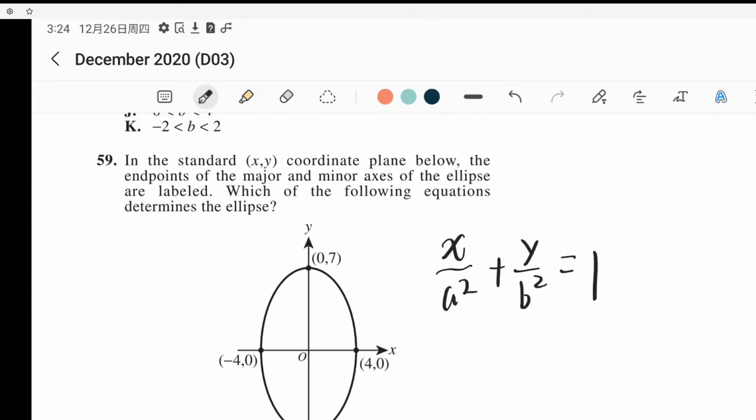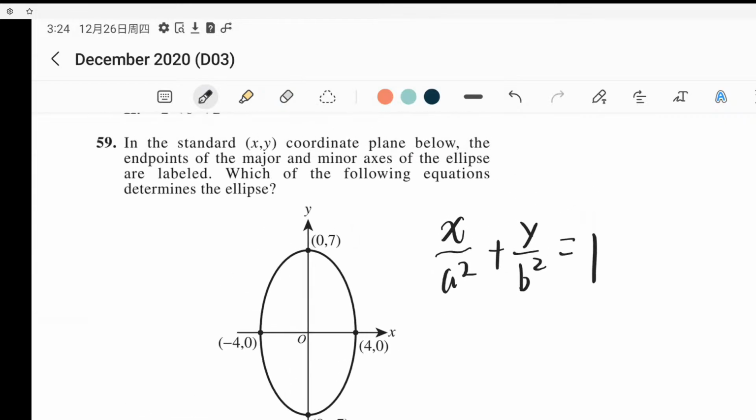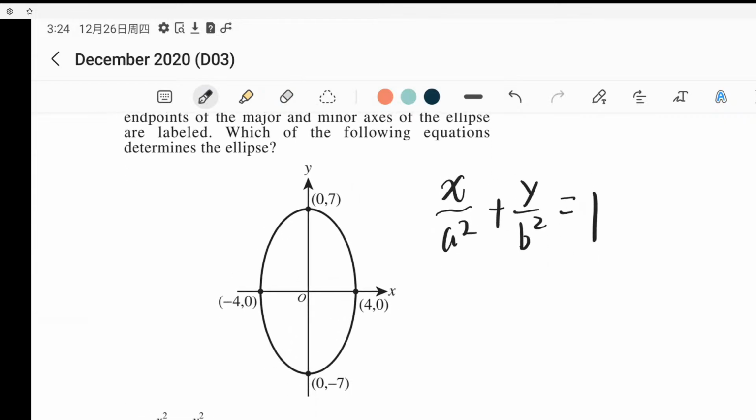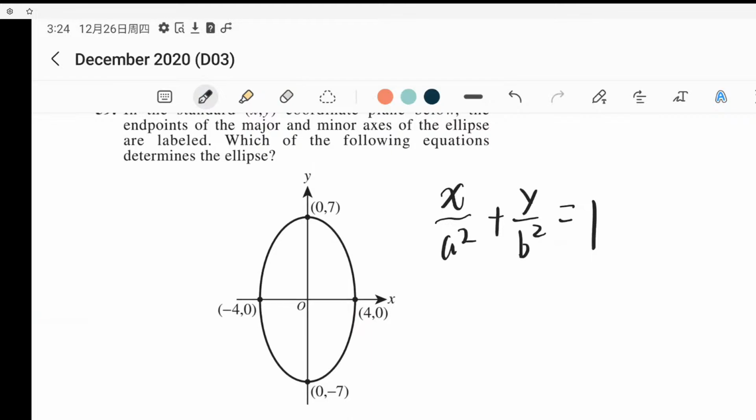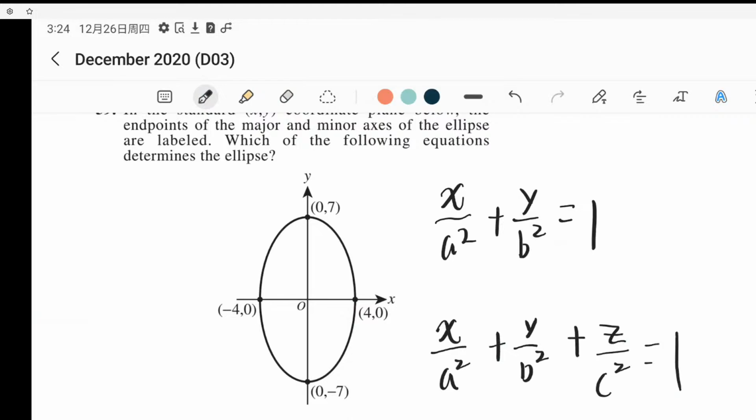This is the typical equation for an ellipse, which is derived from an ellipsoid, which in multivariable calculus we will see is x over a squared plus y over b squared plus z over c squared equals 1. This is the equation of an ellipsoid.